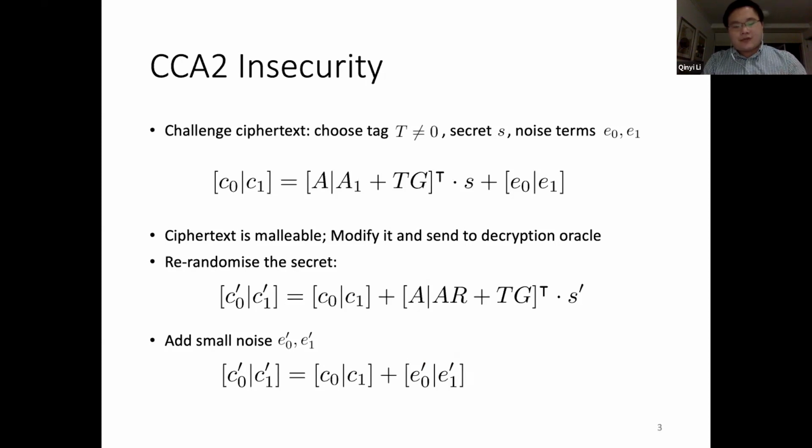In general, there are two ways to do this. First of all, the attacker can do some re-randomization, changing the secret of the LWE sample, or the attacker can add some noise, because if you add a little bit on top of that already small LWE noise, you still get small noise, so the ciphertext is still valid.